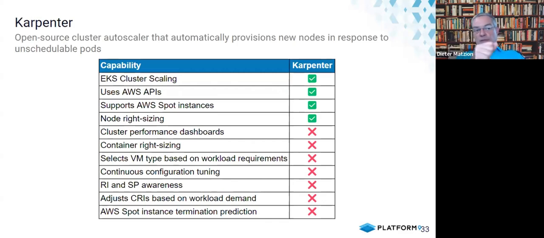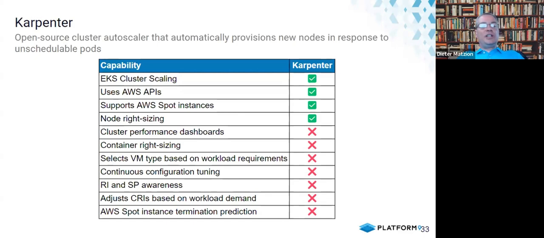The coupons are very specific to VM types and sizes, or at least they can be. And Karpenter is simply not aware: is there a VM shape out there that has this RI coverage, which makes it cheaper than a VM shape that does not have that RI coverage? So very important that it has that awareness.